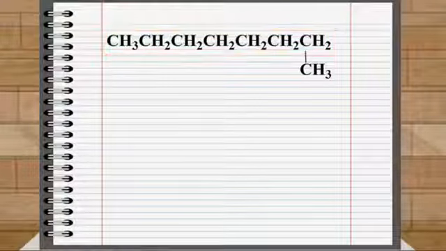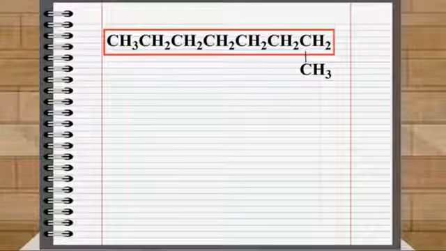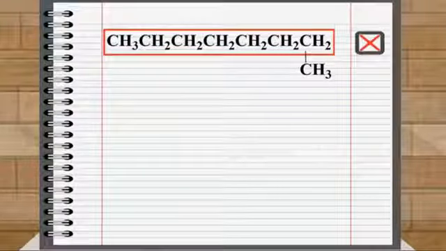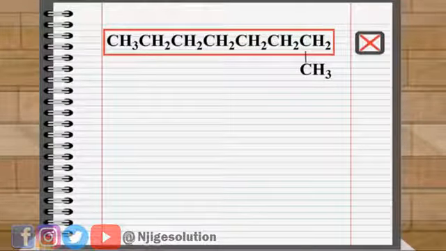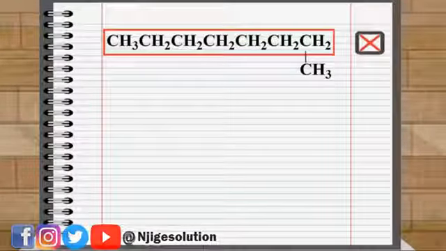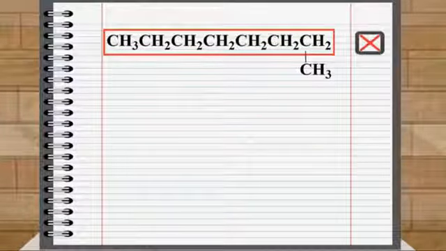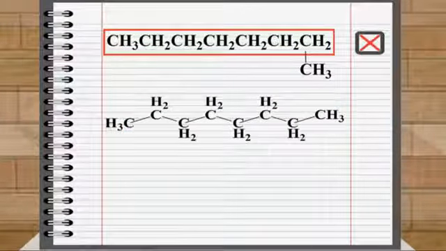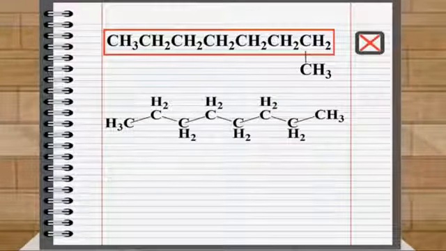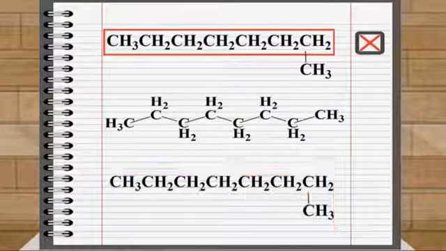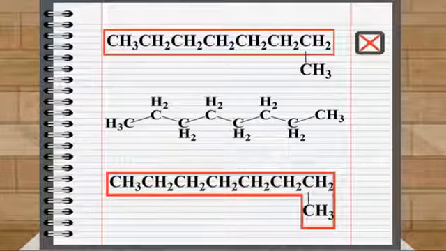They think the longest chain is the straight chain of carbon atoms in the molecule. Yeah, it sounds okay, but it is not correct. The longest chain is the continuous attachment of carbon atoms in the molecule. So here, the molecule can be written as follows. And you may find that the longest chain of this molecule is this one and not the first one.